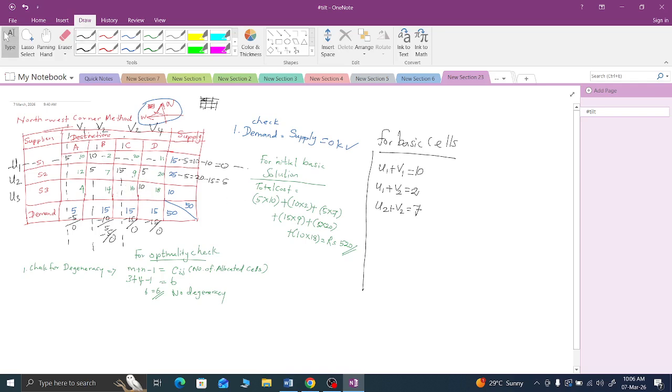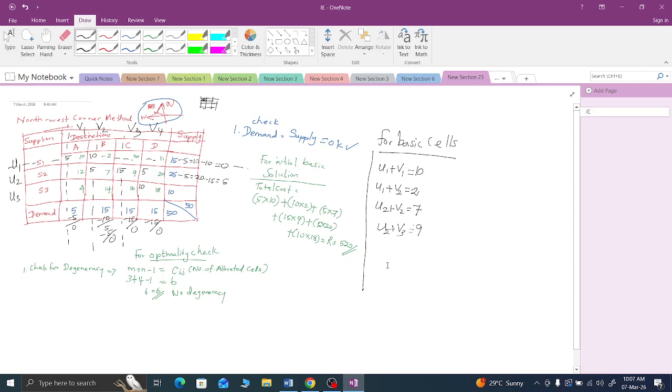Next, this one is v3, sorry. So u2 plus v3 is 9, right? u2 plus v3 is 9.